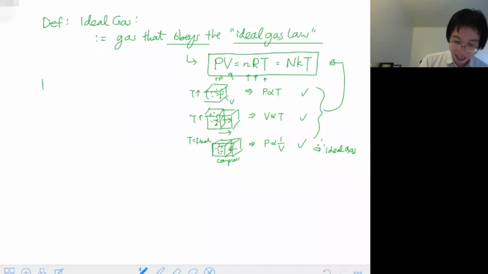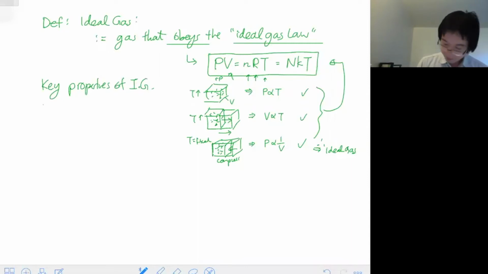All right, let's look at the key properties of this ideal gas that we just learned. Okay, so all right, I should stop using abbreviations. Ideal gas. There are three key properties, okay? So first, there is no intermolecular force. When I say no, I mean negligible, right? If I mean actually ideal, then there is no intermolecular force.